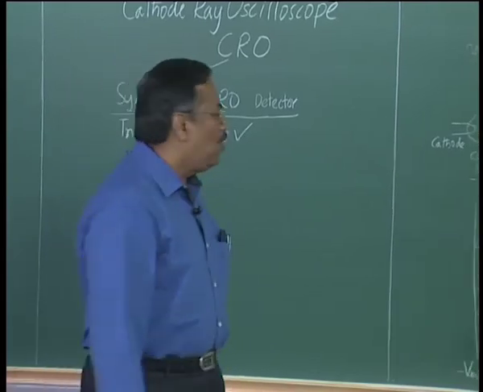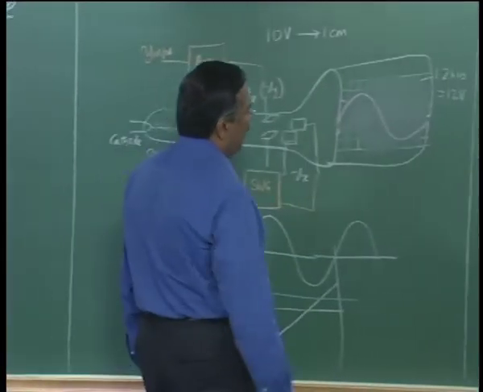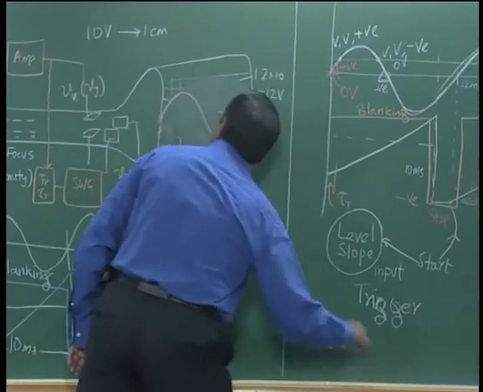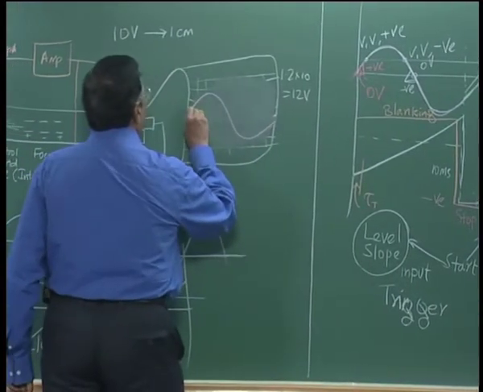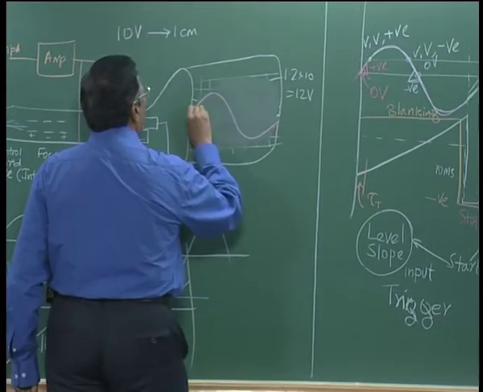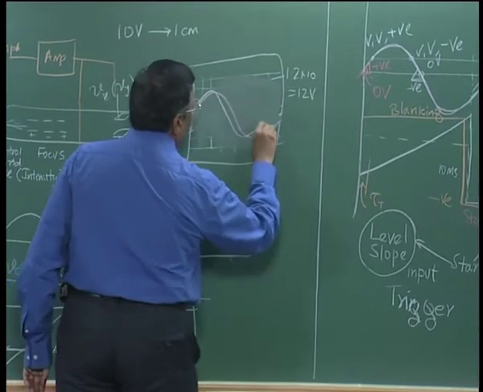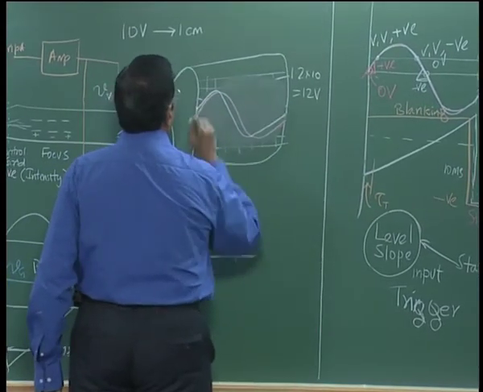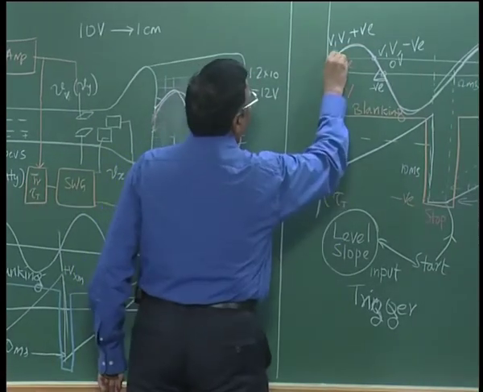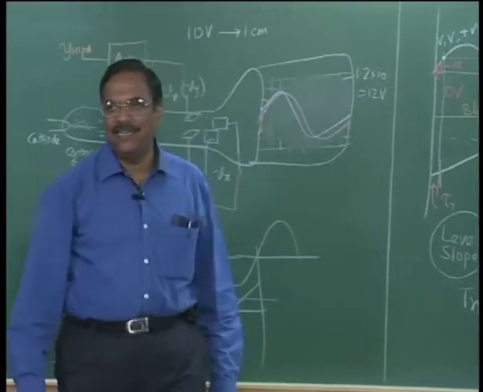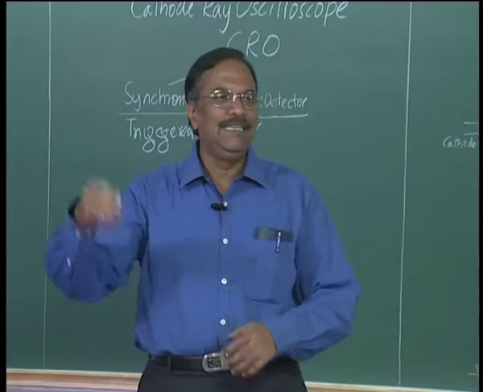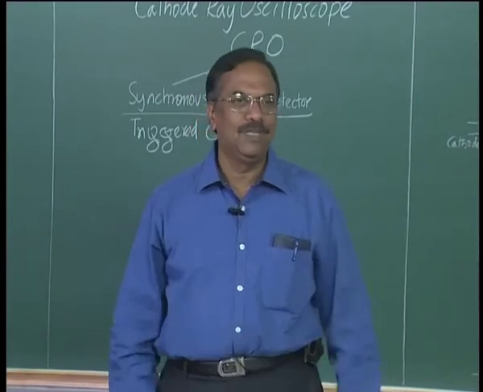If I look at the display, I will not see the display like this, instead I would see a signal starting at a different point, because I will not start here. By the time I start, my Y input would have automatically gone somewhere else, it would have reached not 0 voltage, but some other voltage.